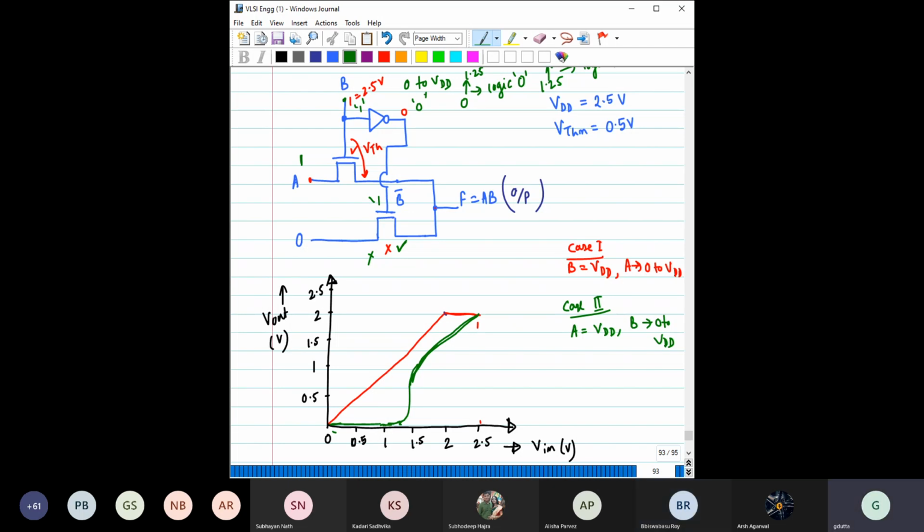Okay. Do you also think that there is a possibility that the threshold voltage will also change? If this is the drain terminal here and this is the source terminal, as this output voltage is changing, then the source voltage is also changing.